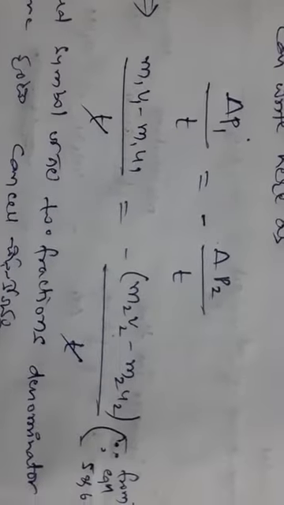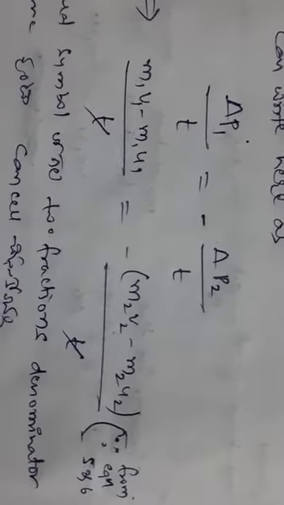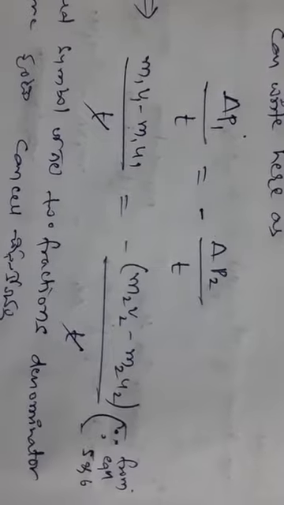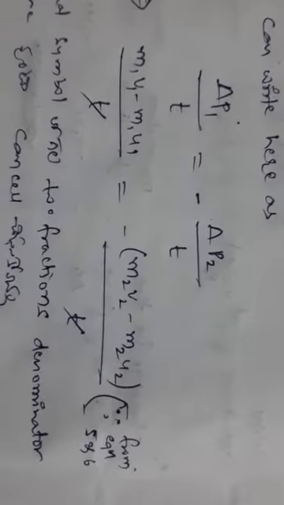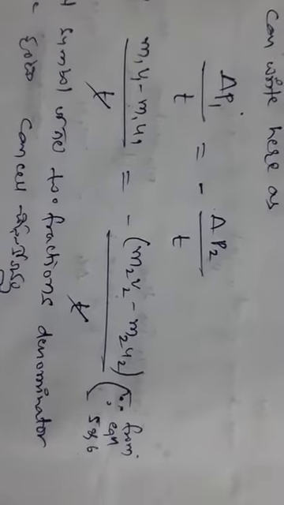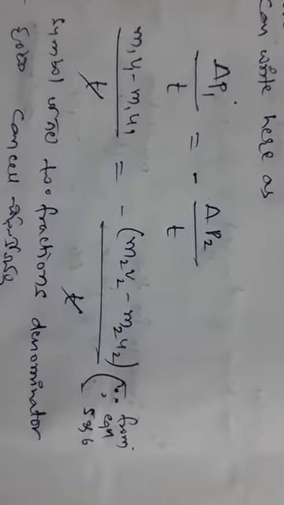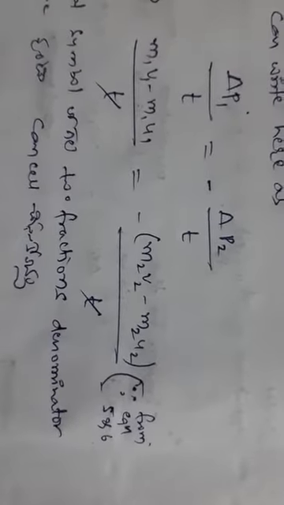So in the fraction you can write the numerator as m1 v1 minus m1 u1 by t is equal to minus of m2 v2 minus m2 u2 by t.